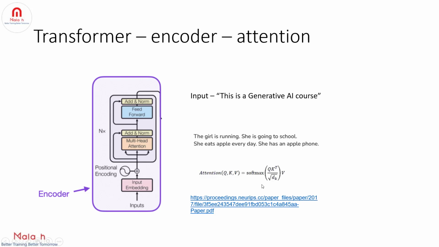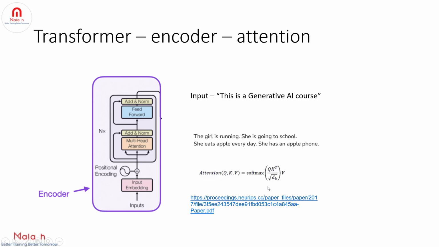Embeddings plus positional encoding of the word this will be multiplied with query matrix, then we'll get query vector. Similarly, embeddings plus positional encoding of the word this will be multiplied with key matrix, then we will get key vector. And similarly, embeddings plus positional encoding of the word this will be multiplied with value matrix, then we will get value vector.